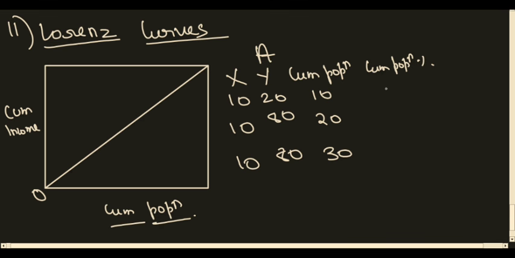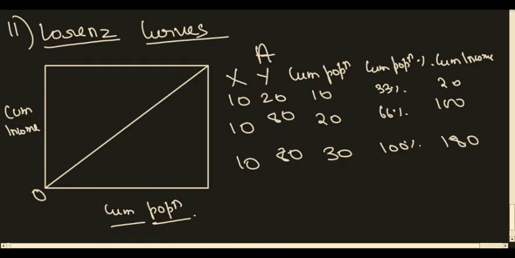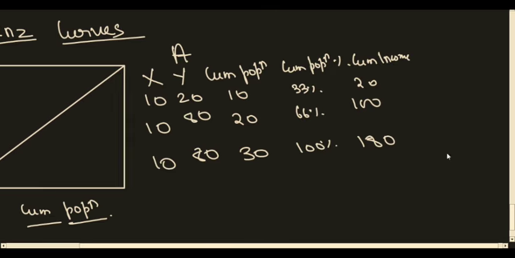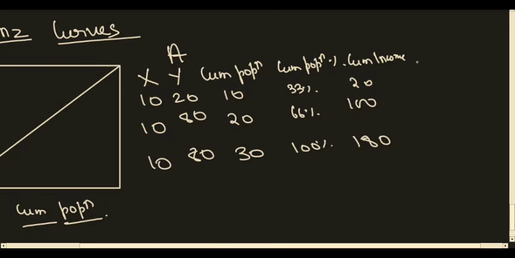Percentage wise, this is 33%, then 66%, and this is 100%. Cumulative income we take now, we get 20, 100, and 180.